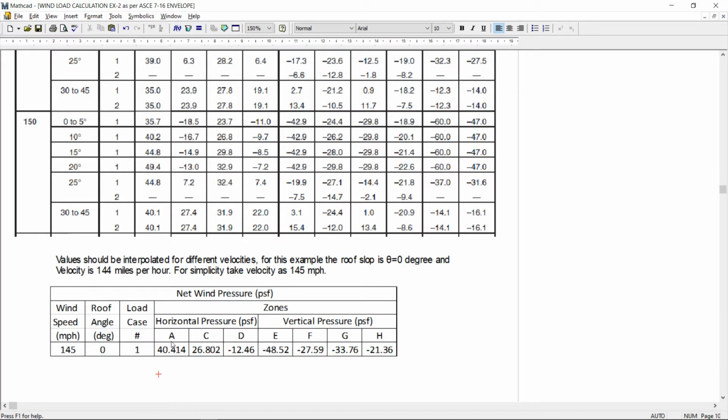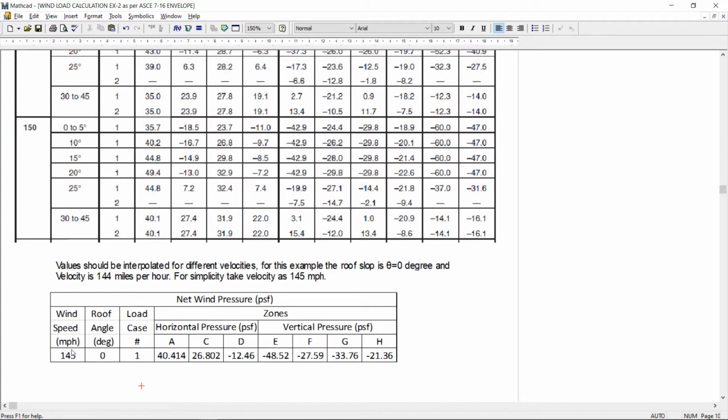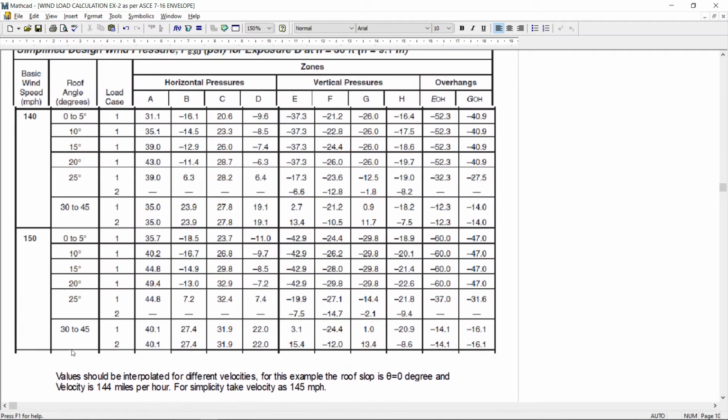You can see I calculated for zone A, zone C, zone D, but I did not calculate for zone B because zone B is not applicable for our case. But for zone E, zone F, zone G and zone H, all values are calculated, and this is for wind speed 145. So now instead of 144 I am using 145, just for the sake of simplicity.